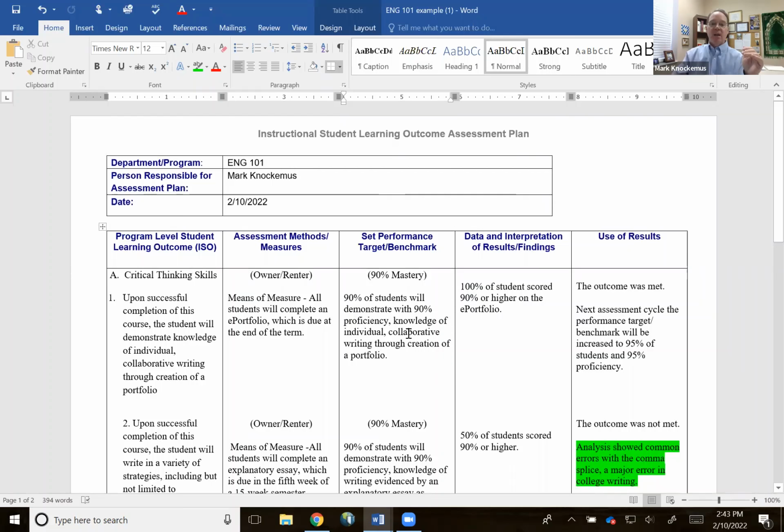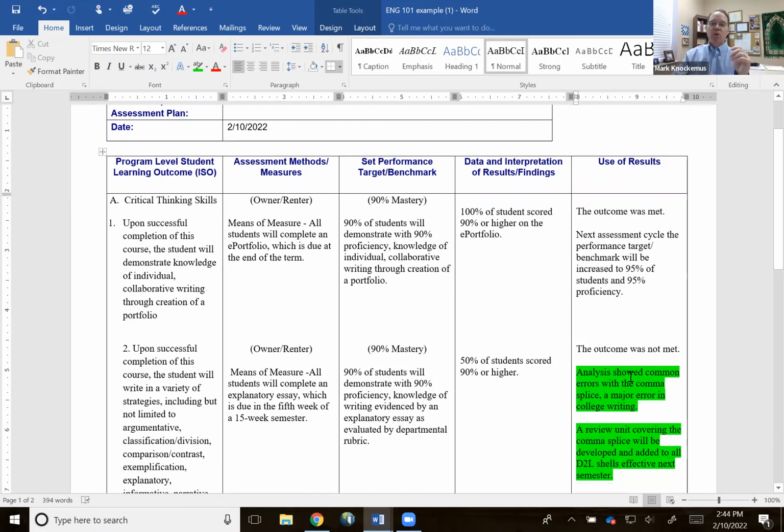Then you have to start digging and do your data analysis and come up with the most important part, the use of results. Now that we know this, what are we going to do to improve the process? CIP, constant improvement process. We got to close the loop.